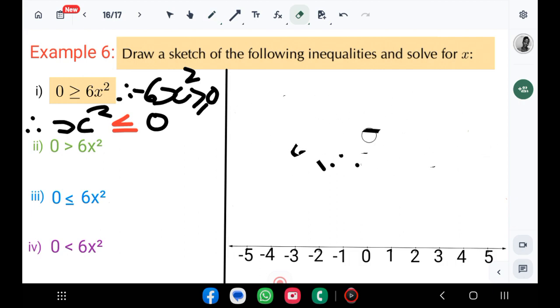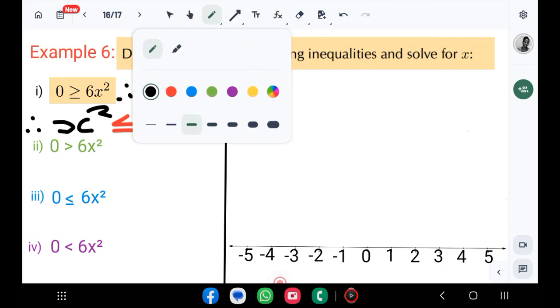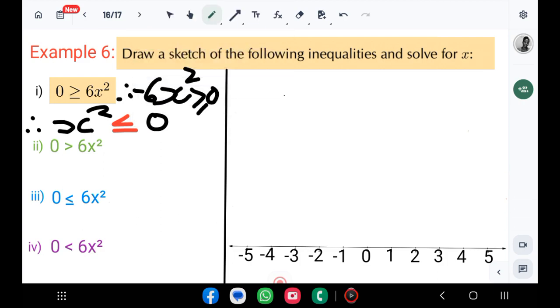Let's do the same with the next ones, and then we'll analyze them all together. Same thing you do with this one. Take everything to the left-hand side. Minus 6x squared is greater than 0. Now divide both sides by negative 6.